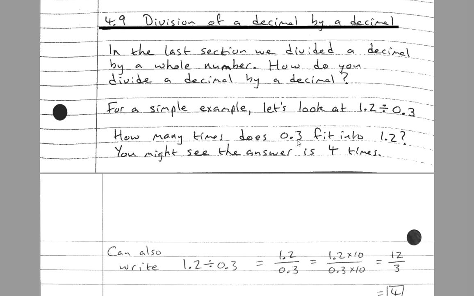In terms of fitting, how many times does 0.3 fit into 1.2? 0.3, 0.6, 0.9, 1.2. So it fits in 4 times. So the answer is 4.